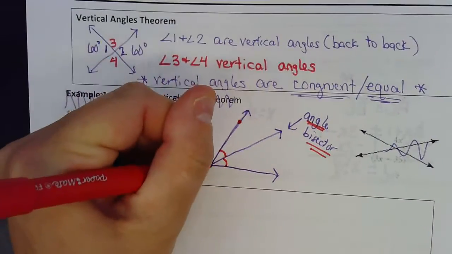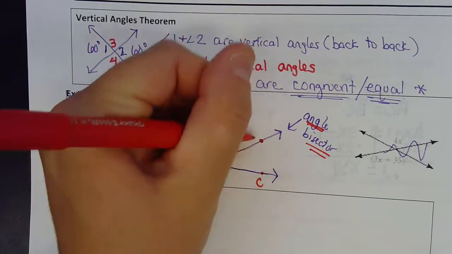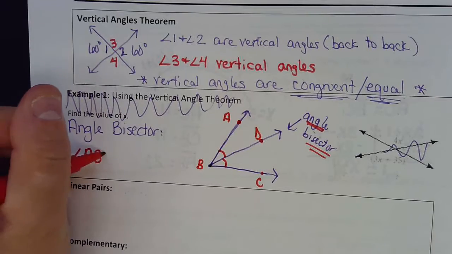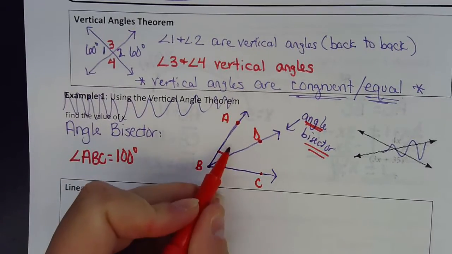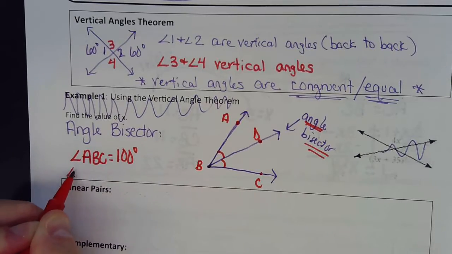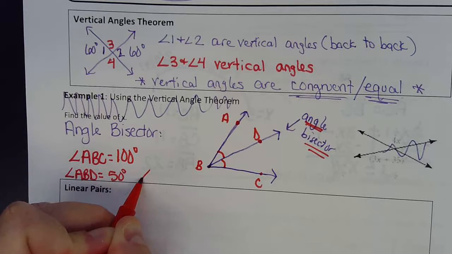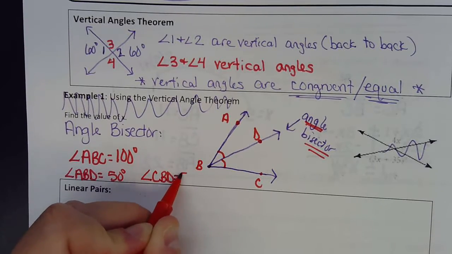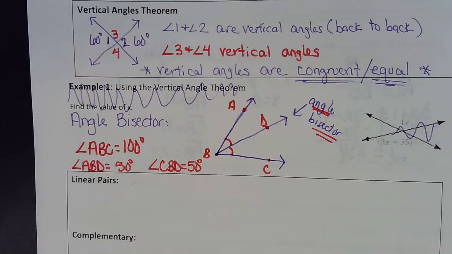So, for instance, if this is A, B, C, D, if angle ABC is, we'll say 100 degrees, that means that each one of these little angles, angle ABD is 50, and angle CBD is also 50 degrees. You can only divide by 2 if it's an angle bisector.